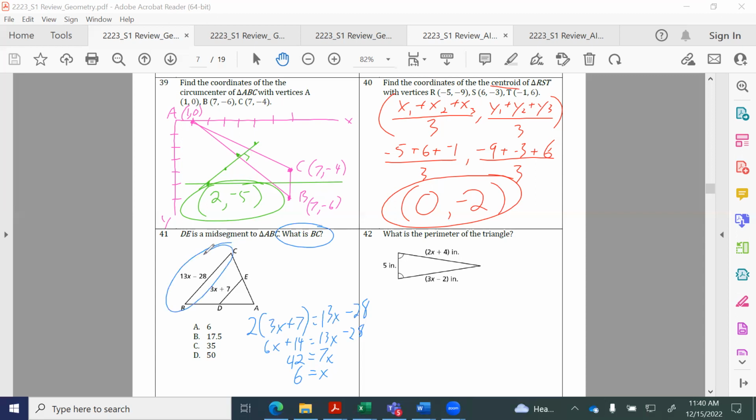BC is this side here. So we need to plug it into that equation. So 13 times 6 minus 28. That's 78 minus 28, which is 50, which is D.